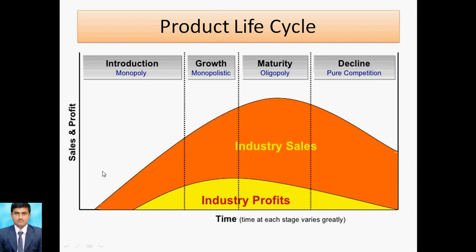That is why the product has less profit as well as negative sales, but after some period of time it goes on increasing. The introduction phase is also called a monopoly, because there is no competition, as the product is new to the market.